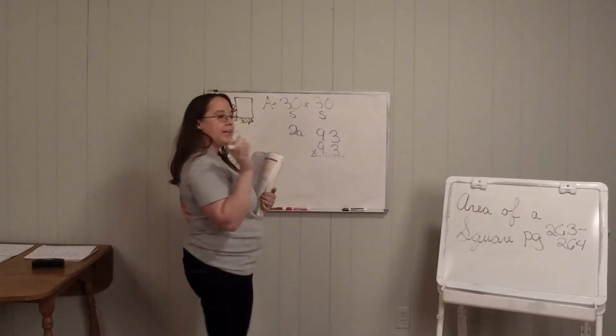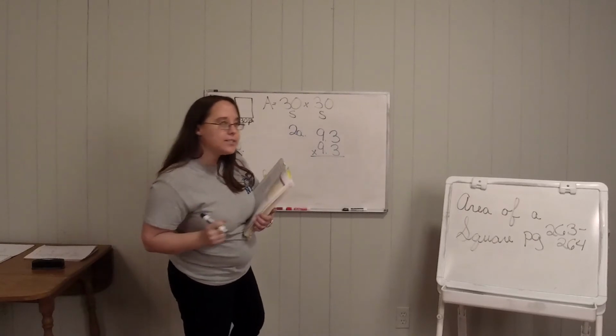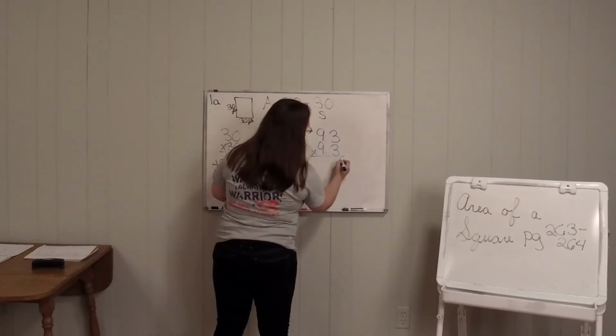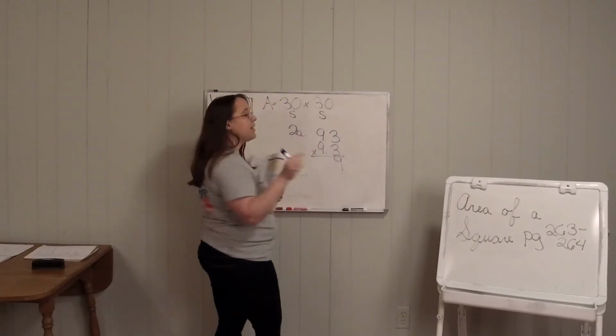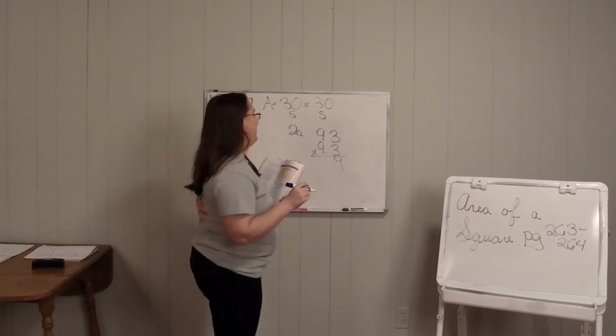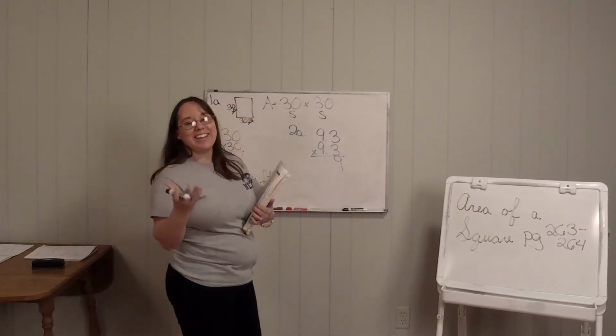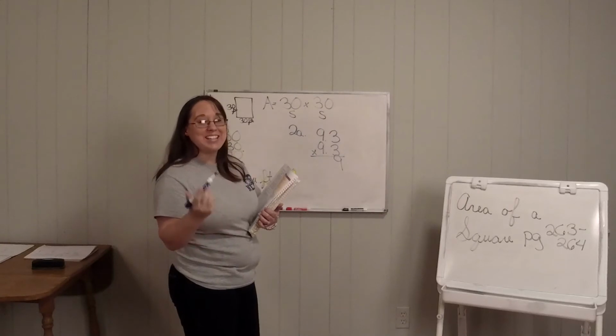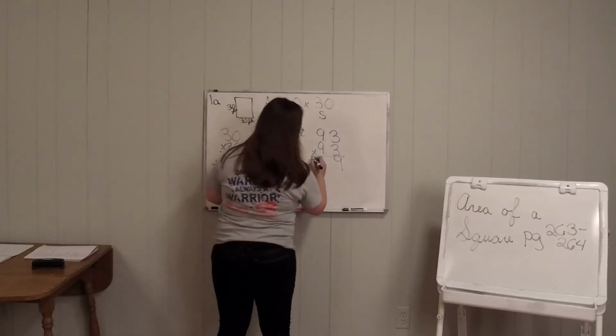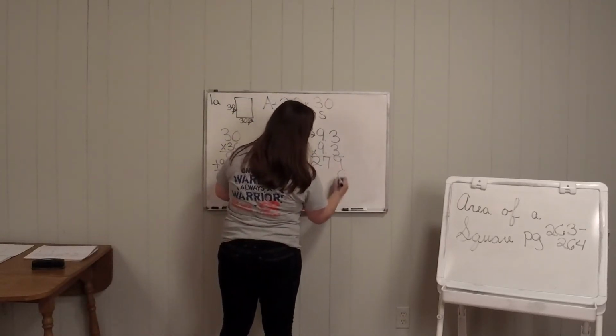So let's work it together. 3 times 3 is 9. 3 times 9 is 27.